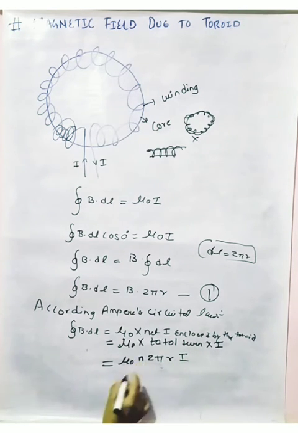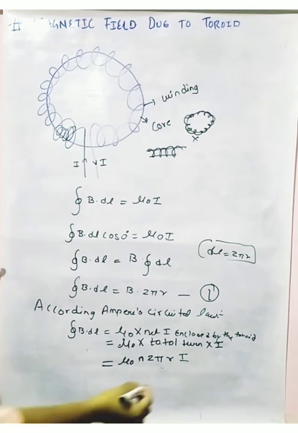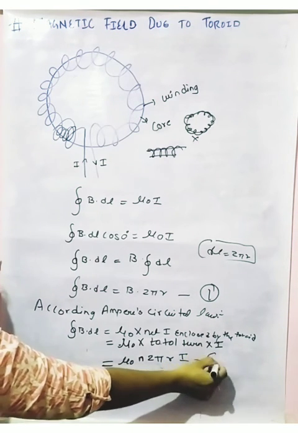Because the number of turns is enclosed along the circumference of the circle. So this can be my equation 2.